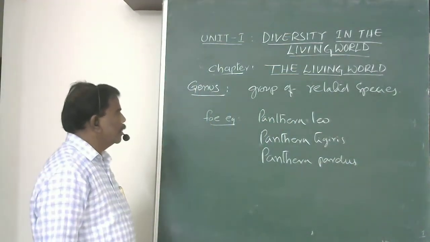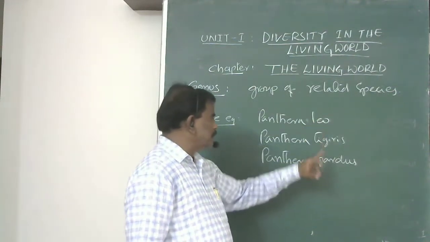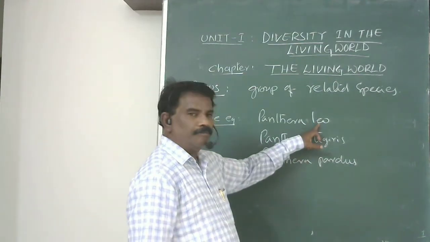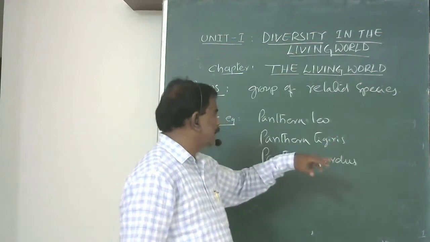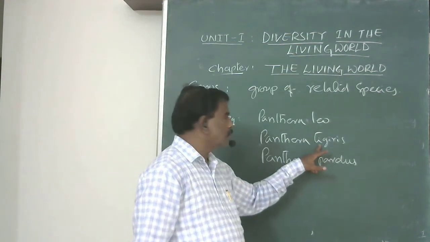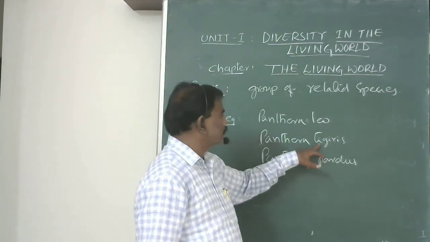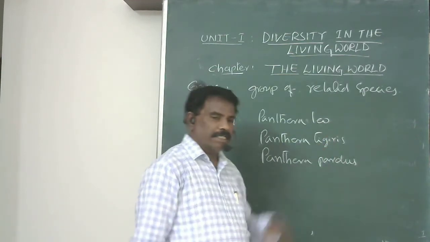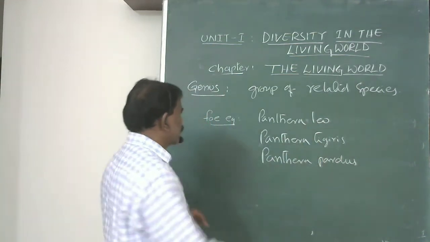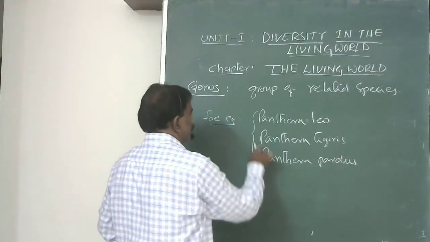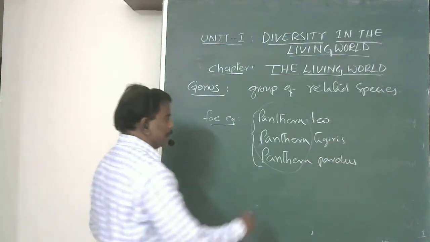In this example, there are three different species. All lions are similar, closely related organisms. A group of tigers, similar as well. All these three different species are kept in the genus Panthera.